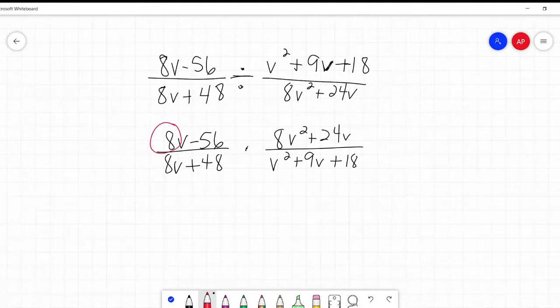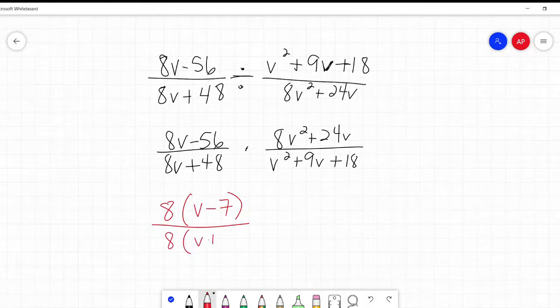Both of these are positive v's, so I'm going to be pulling out a positive number because I want to make my v that's left behind positive. So 8v minus 56, 8 comes out of both of those. I'm left with v minus 7. On the bottom, 8v and 48, 8 goes into both of those. V plus 6.